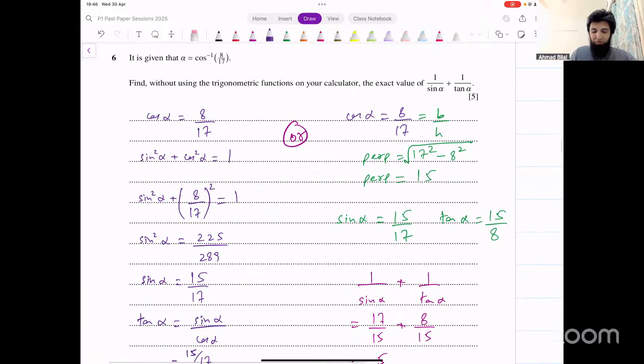You just have to be careful about the plus minus signs. In this case, it doesn't matter because all of them turn out to be positive, but sometimes they specify that the angle is obtuse or the angle is in a particular quadrant. In that case, you have to consider the positive, negative signs according to that quadrant.